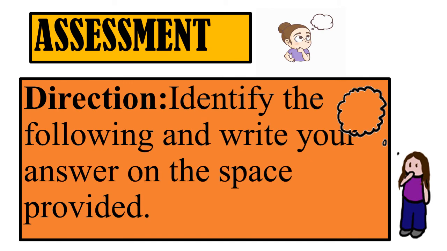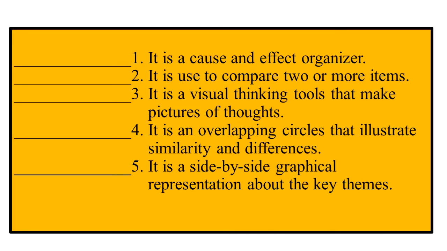I think it's time to assess what you have learned from the lesson. Direction: Identify the following and write your answer on the space provided. Number 1. It is a cause and effect organizer. Number 2. It is used to compare two or more items.